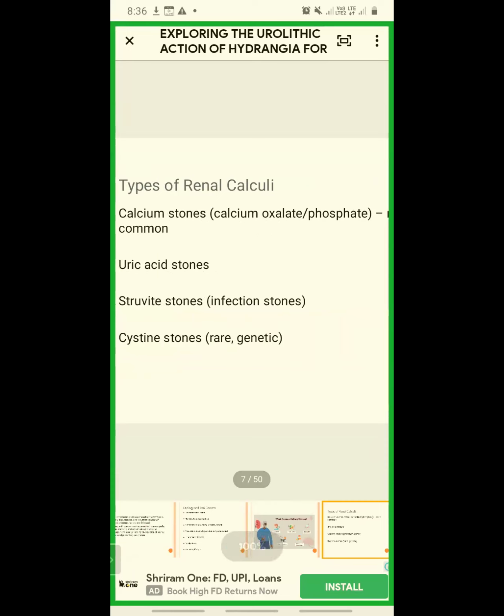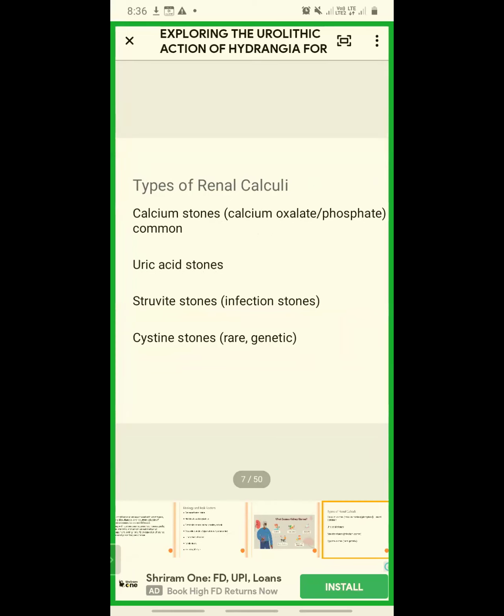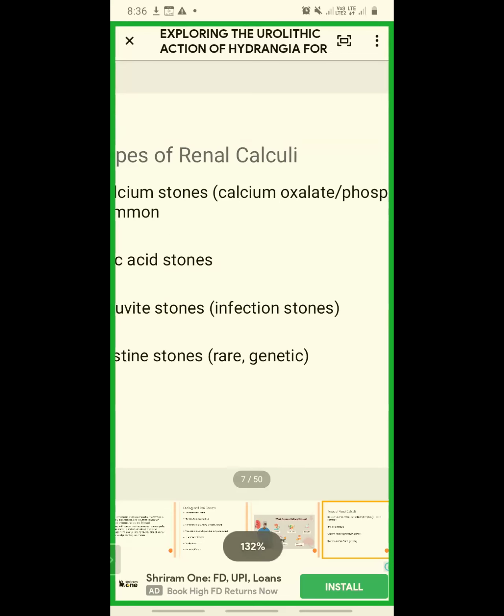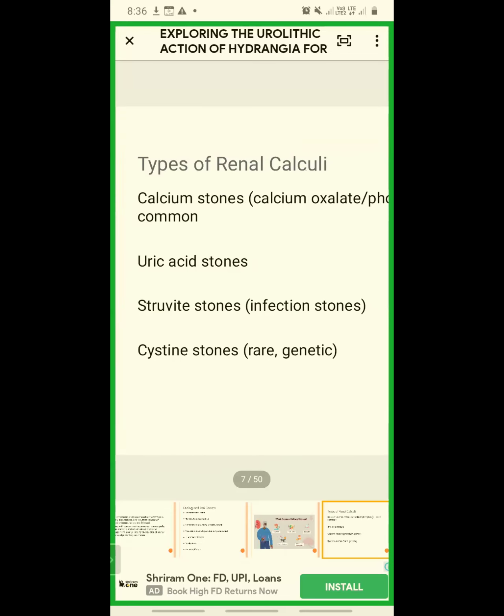So next is the types of calculi. The main types are calcium stones, uric acid stones, struvite stones, and cystine stones. Cystine stone occurs in a rare genetic condition. During infections, that is when a person undergoes frequent urinary tract infection, the type of stone is struvite stone.